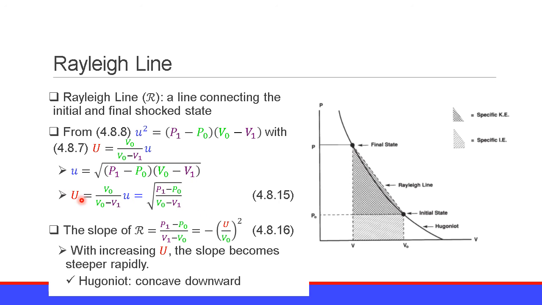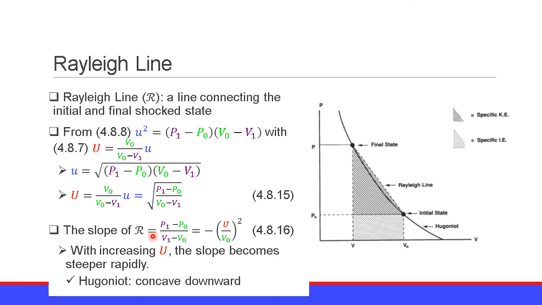Then the shock velocity U is equal to v0 over v0 minus v1 times the particle velocity u. Therefore, the square root of p minus p0 divided by v0 over v.